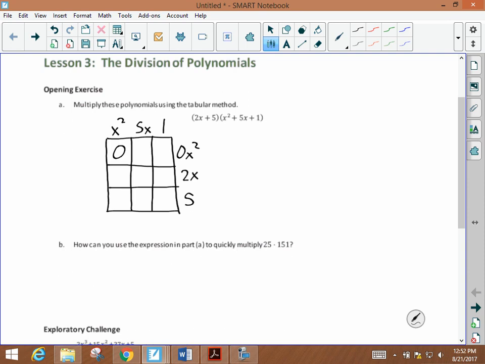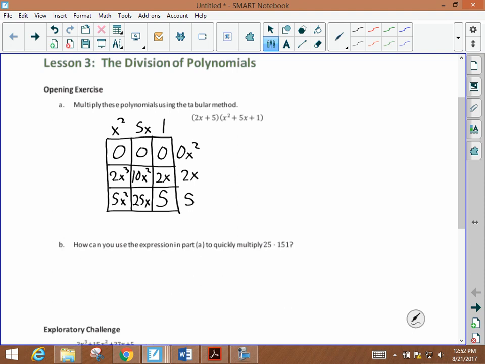X squared times 2x is 2x cubed. X squared times 5 is going to give me 5x squared. 5x times 0 is 0. 5x times 2x is 10x squared. 5x times 5 is 25x. 1 times 0 is 0. 1 times 2x is 2x. And 1 times 5 is 5.